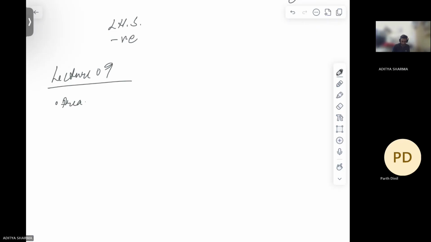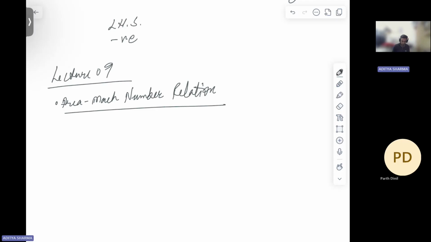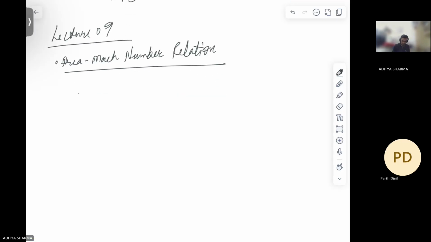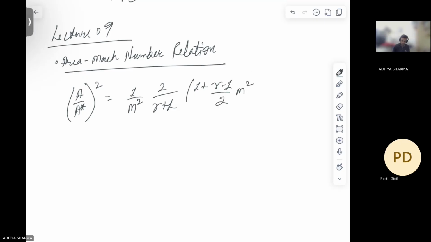If we talk about the area Mach number relation, it is this. Now, what is this relation?